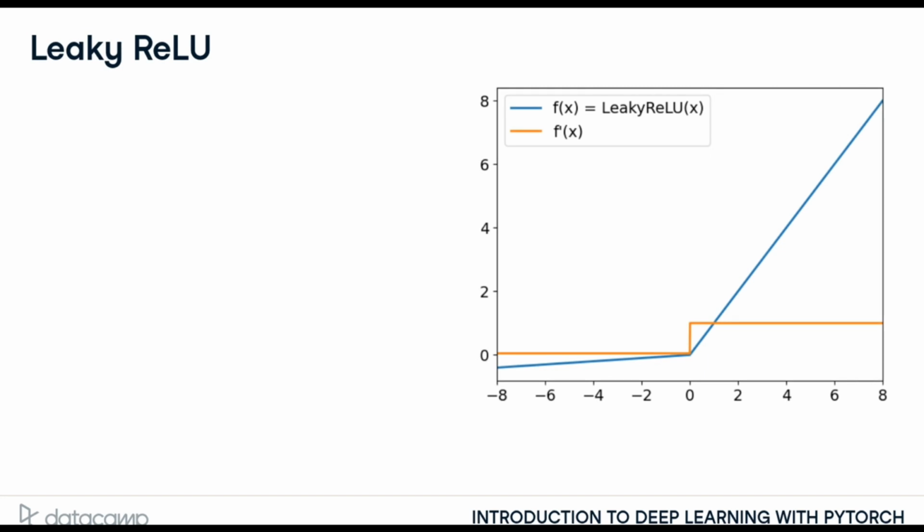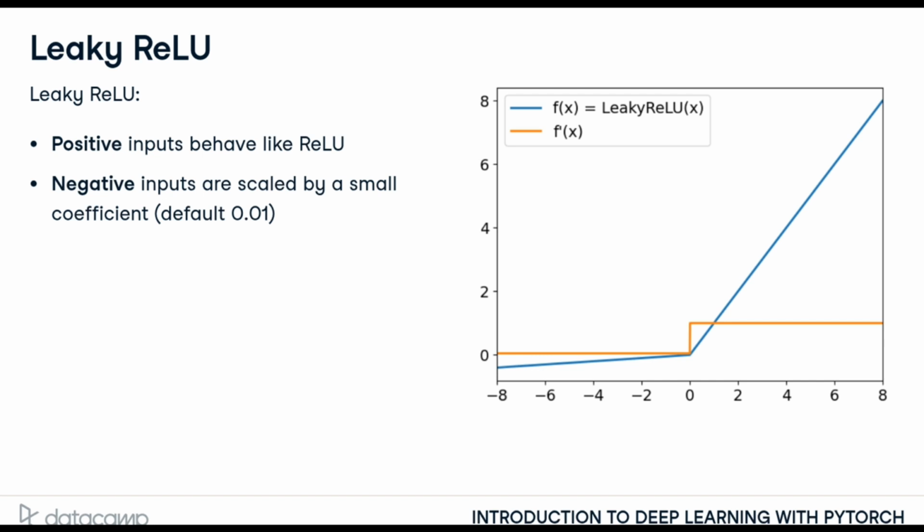The Leaky ReLU is a variation of the ReLU function. For positive inputs, it behaves exactly like ReLU. For negative inputs, it multiplies the input by a small coefficient, defaulted to 0.01 in PyTorch.